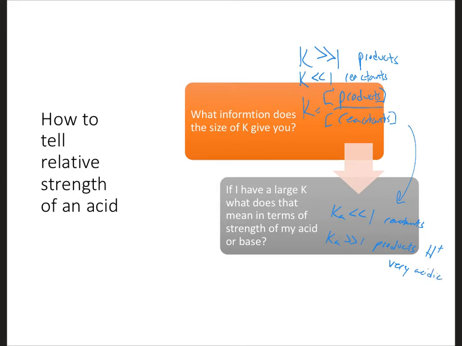And if we favored reactants, say we favored HF staying together, then this is going to be less acidic. So the size of that Ka or Kb can tell us about how much H+ or OH- was created, and that will tell us something about the strength.